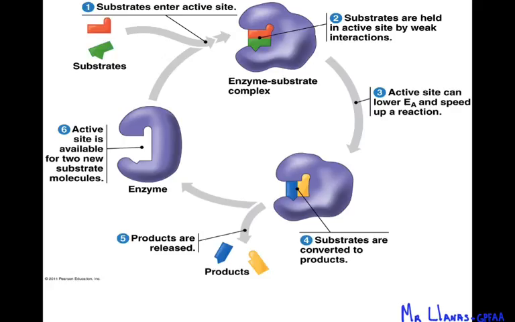Enzymes have an active site, and a substrate, or whatever goes into the reaction, will attach to the enzyme at that active site. Then the enzyme will either break it apart or put it together, and then release it. The product will change, the substrate changes, but the enzyme never changes.